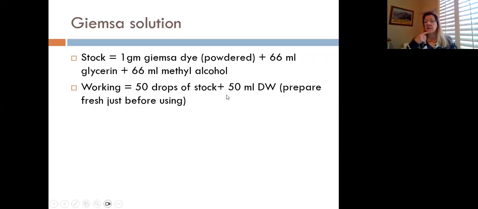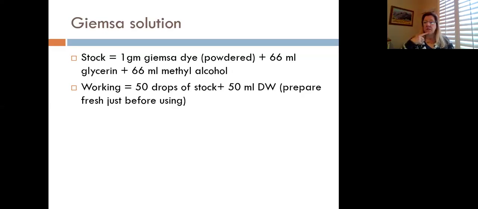You're going to see Carson say, must be made fresh, but she doesn't necessarily give you a time frame of what that means. Having been around the block, I sort of know what that means now.